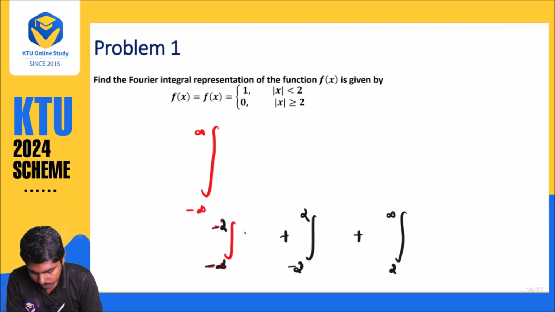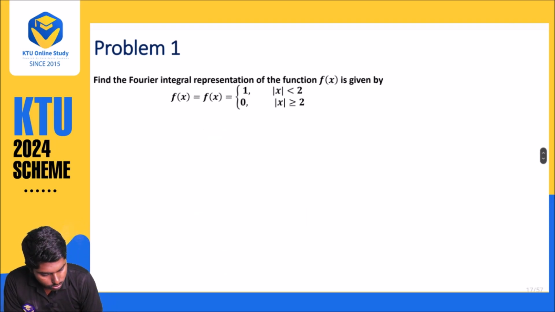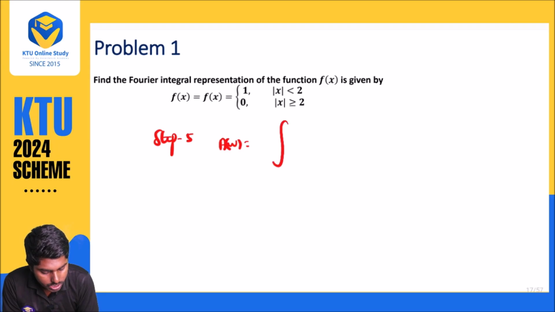Now what is the formula? Step number 5, the formula: A of omega is equal to the integral from minus infinity to infinity of f of x cos omega x.